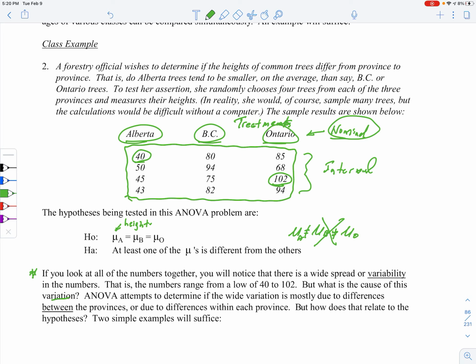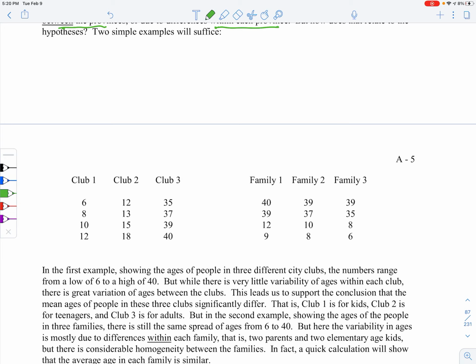And I want to show you this with some clubs here. Let's say this one looks like a kids club, club number 1, then this is a teenager club, and then this is an adult club.